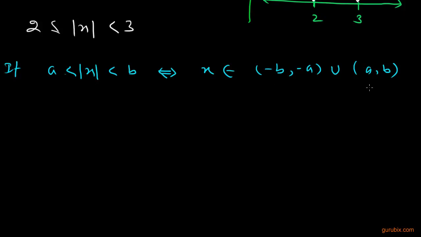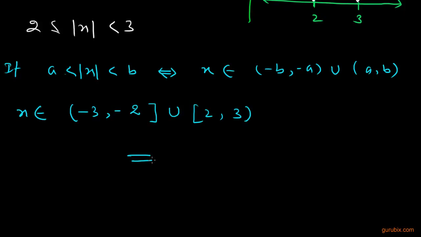So by using this formula, x will belong to minus b, this means minus 3 to minus 2, and 2 is included, and union of 2 to 3. So this is the solution of the question.